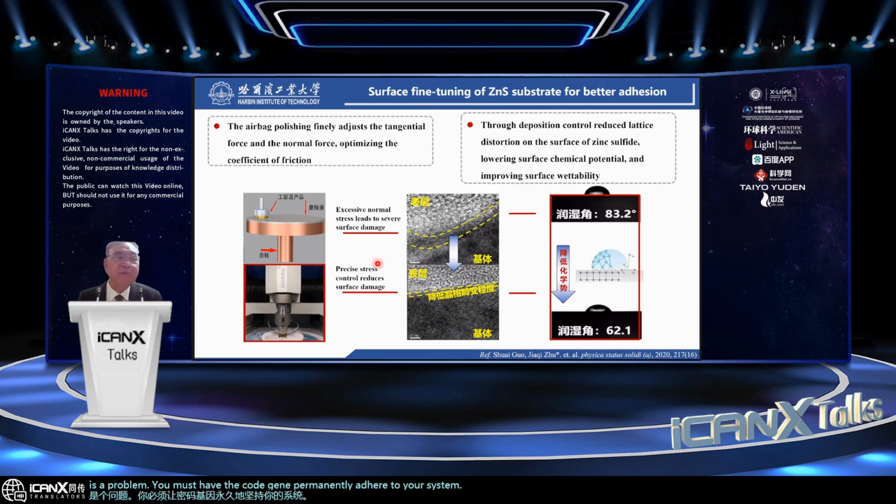Now, one way of making sure you have a good bond between the film and the substrate is to use airbag polishing. This could finely adjust the tangential force and the normal force to optimize the coefficient of friction. And by doing that, you are getting your chemical potential down so that you have better adhesion.